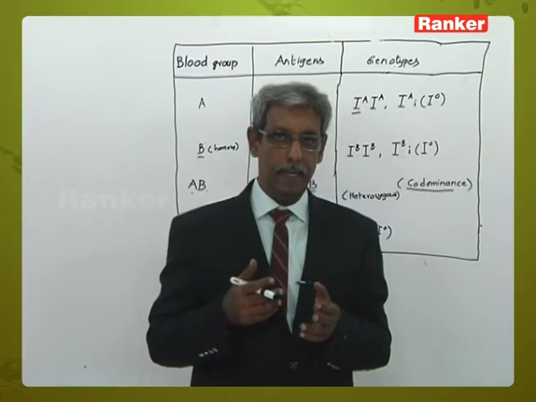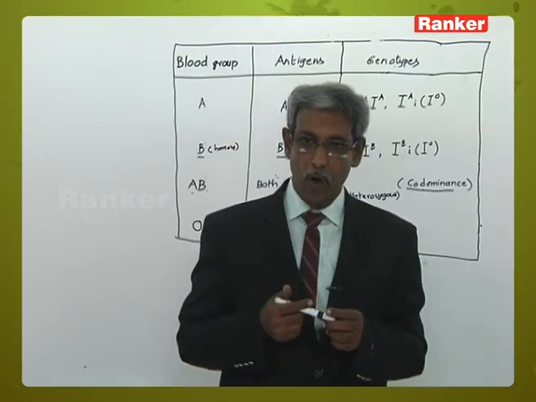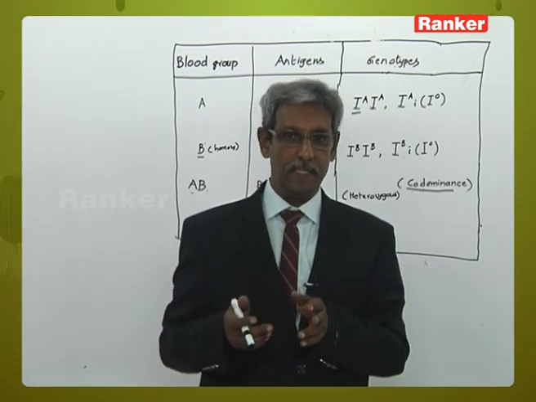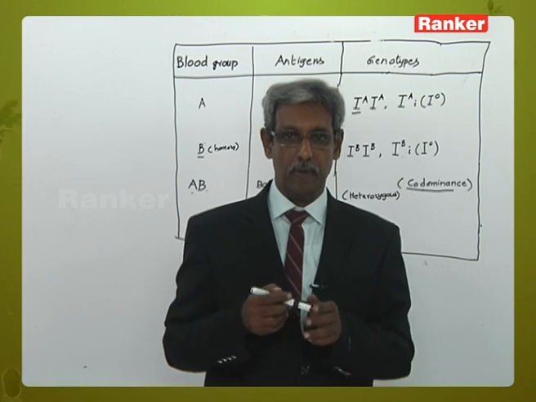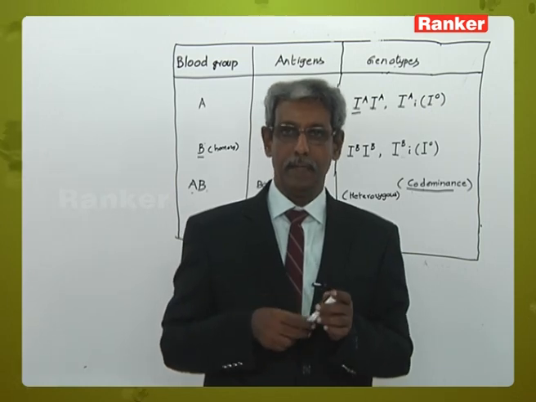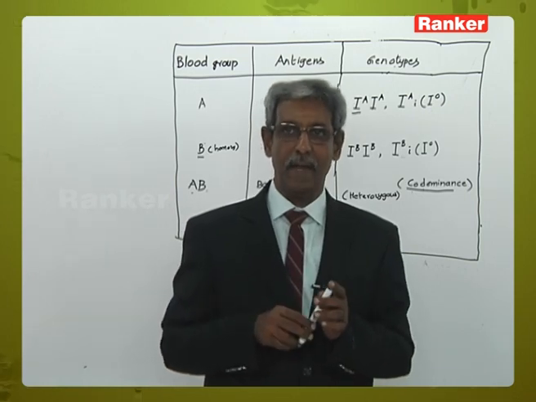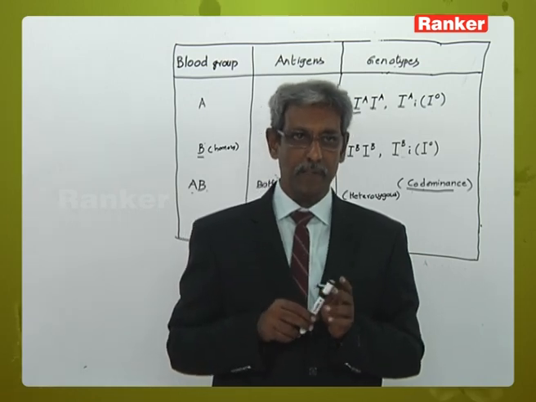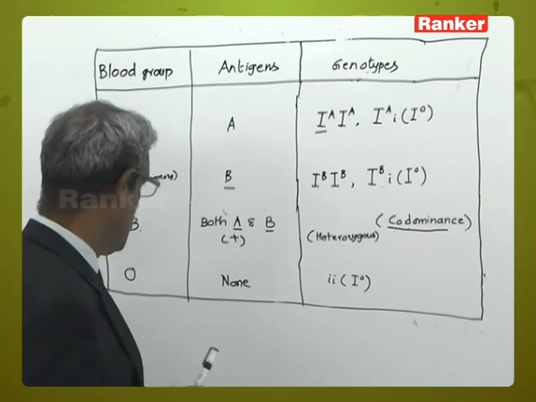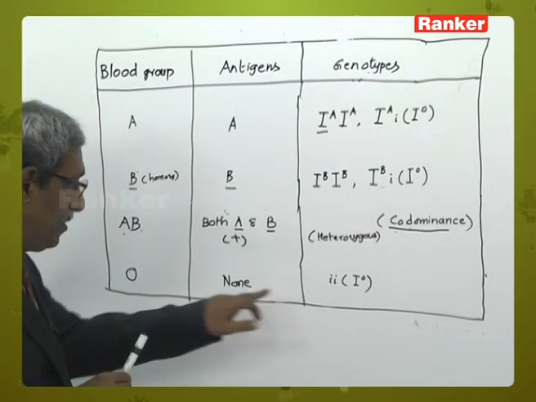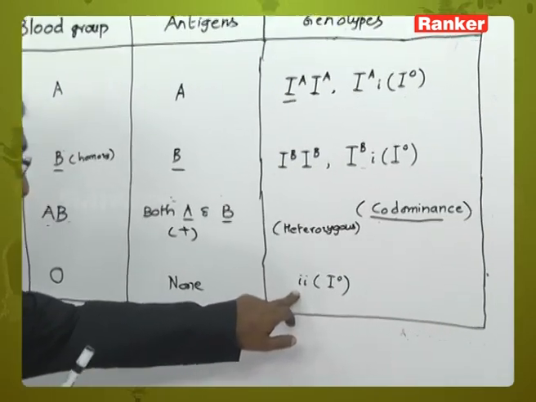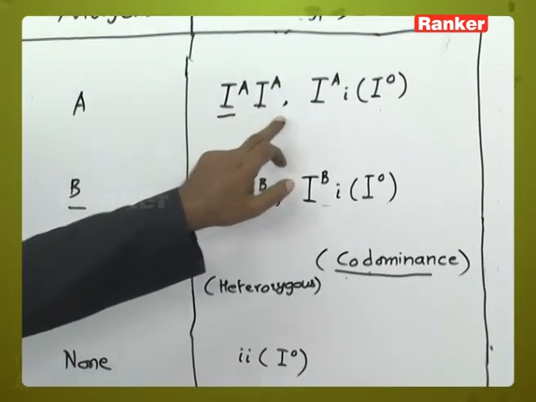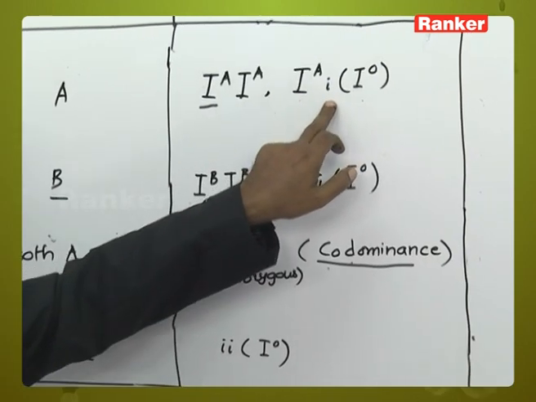In multiple choice questions, often the genotypes of the parents are asked, given the blood groups of the offsprings. So question number 19 says the offsprings produced from a marriage have only O and A blood groups. Because offsprings have only O and A blood groups, you understand that for blood group O the genotype is small i, and for blood group A the genotypes could be IA as well as IA i.